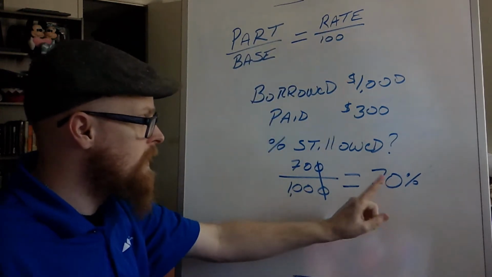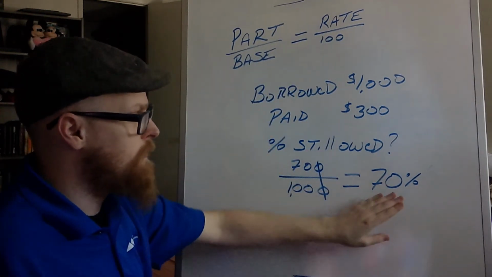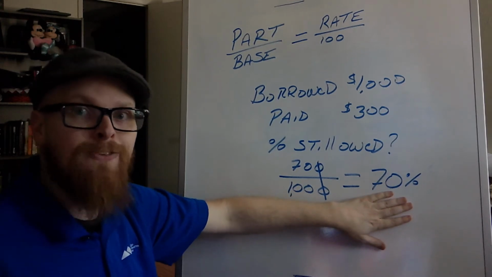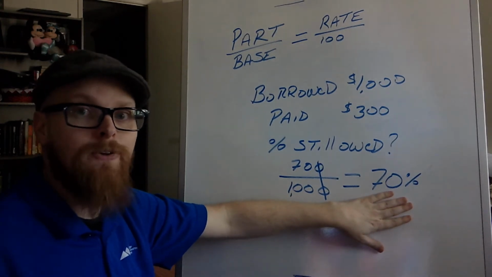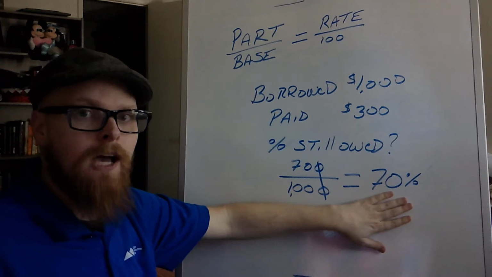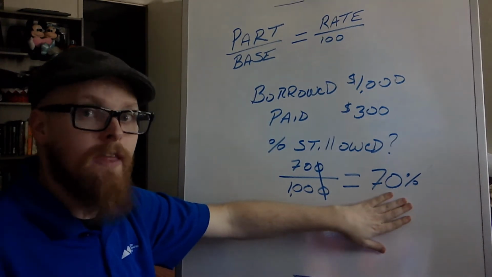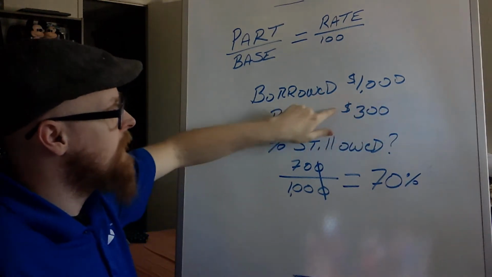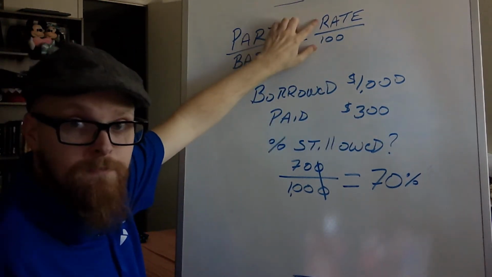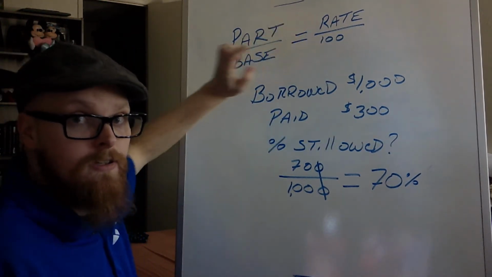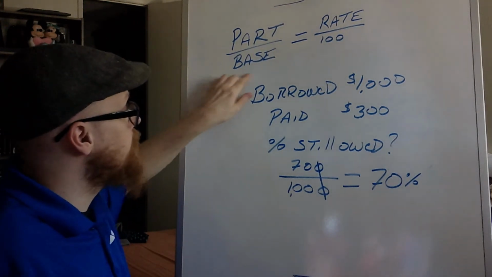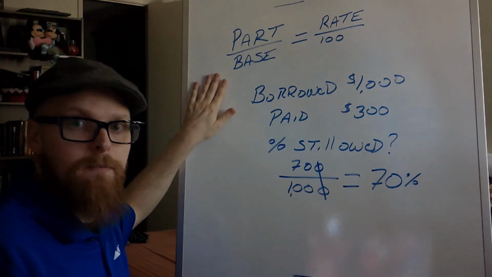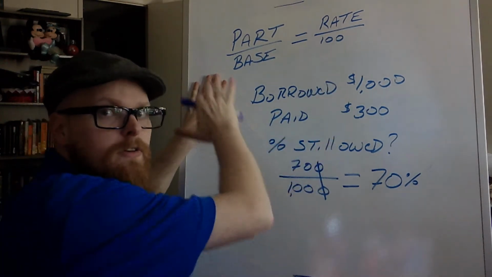So if they told me that Jack still has to pay 70% of the $1,000 that he borrowed, and they ask me how much he paid, then I'm looking for the part. I'm looking for this $300. So I would put 70 up here and 1,000 down here as the base, and then I could figure out the missing piece by shuffling those pieces around.